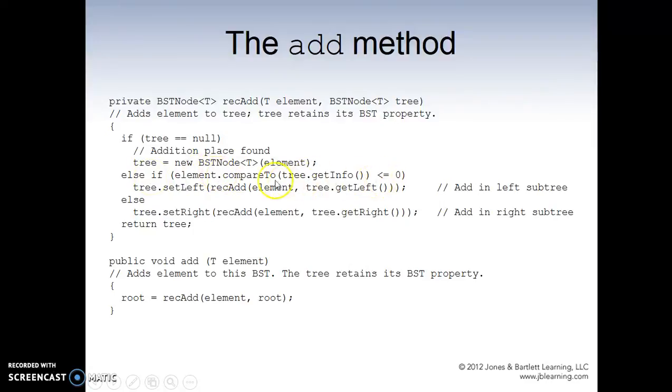If it's less than, we pass that into the left, and it's recursive, doing the thing again until we find the location, then set it. If it happens to be greater than, then we pass to set right. See that we treat set left and set right here and call recursive add.